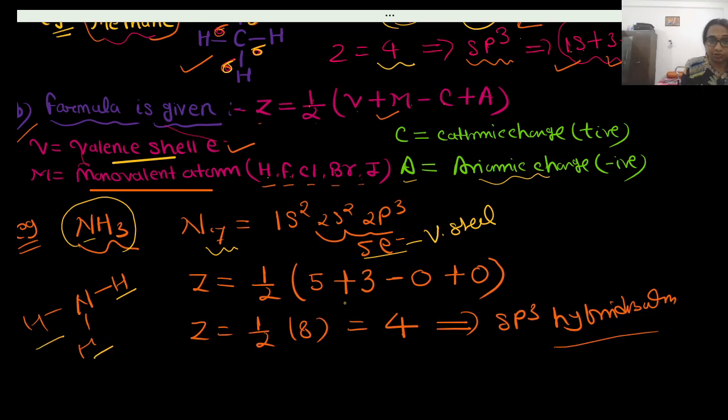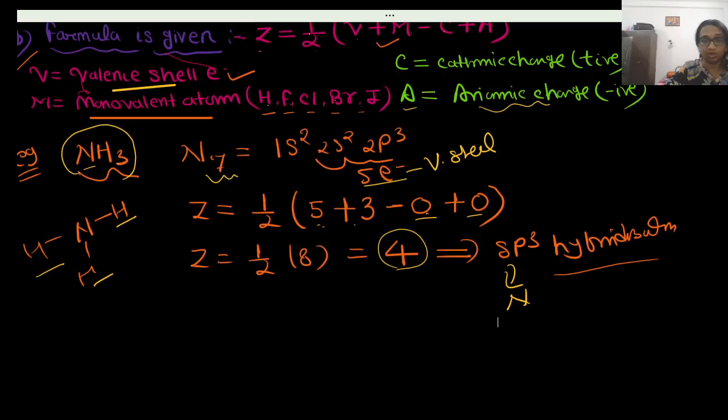Put the values in this formula: 5 plus 3. There is no charge on the central atom. Nitrogen has no positive charge and no negative charge. Put the values 5 and 3 in this formula. We will get 4. That means the hybridization of the central atom nitrogen will be sp3. So now you can calculate very easily with the help of both formulas.